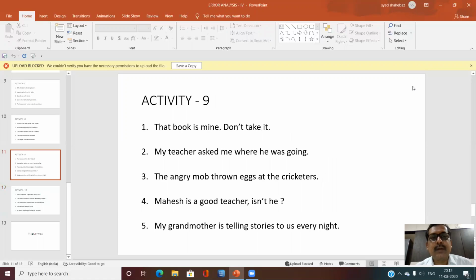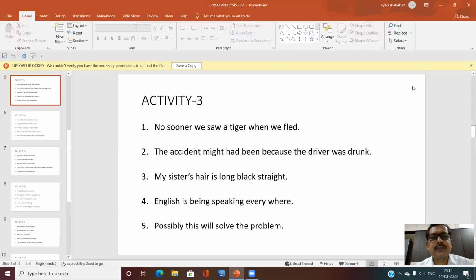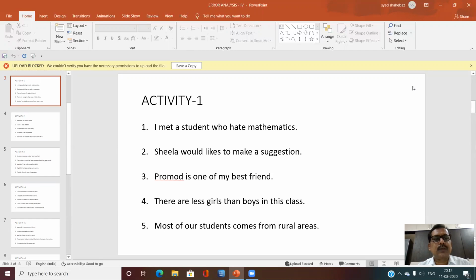So let us have a recap. Totally, we have examined 50 sentences. We have corrected 50 sentences. These sentences are all miscellaneous and are typical errors committed by the students who study English as a second language and the students who have come from vernacular language background, Telugu medium background.